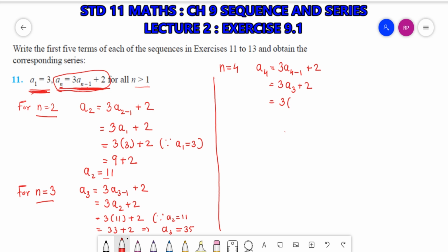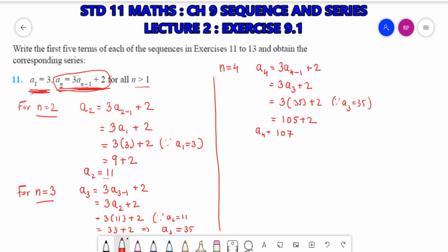So 3 into a3, what is a3? 35, plus 2, because a3 is equal to 35. 3 into 35 will be 105, plus 2. So a4 is equal to 107.